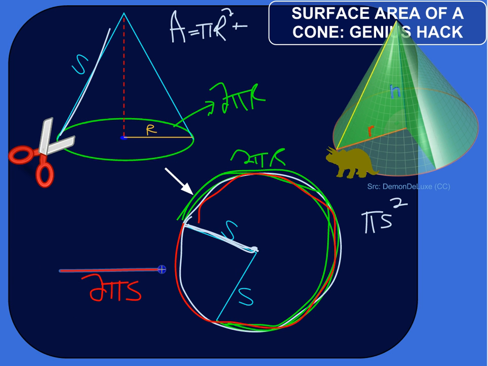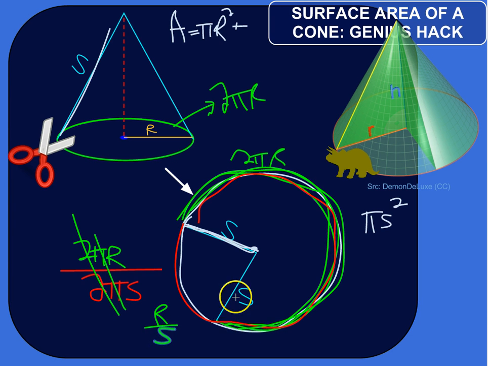So what we've got is a partial circumference, and that is 2 pi r. This partial distance is 2 pi r, and it's out of the full circle of 2 pi s. So then we can come up with this sweet ratio, 2 pi r over 2 pi s. So this part out of this whole. 2 pi and 2 pi cancel out. So we've got this ratio, r over s.